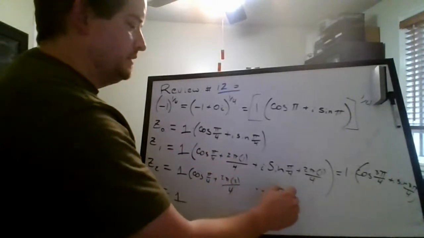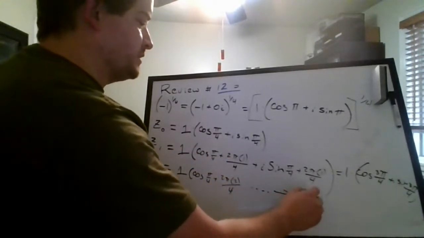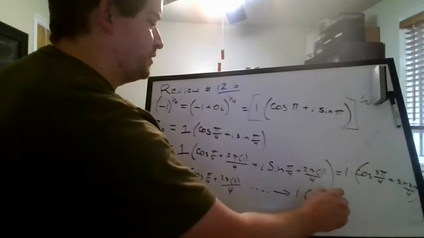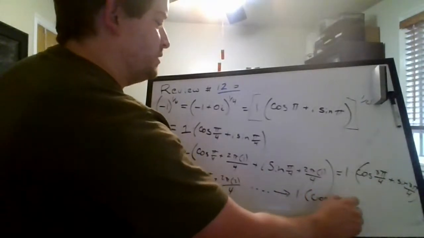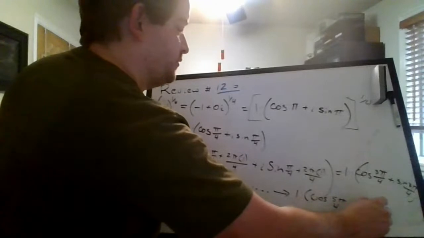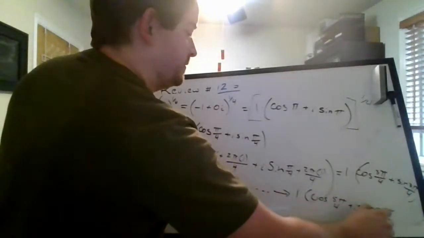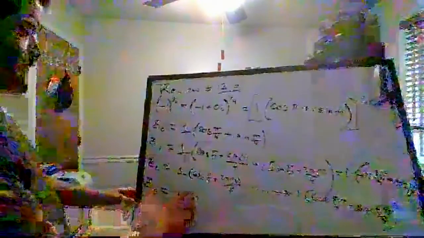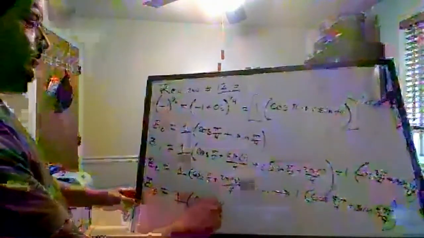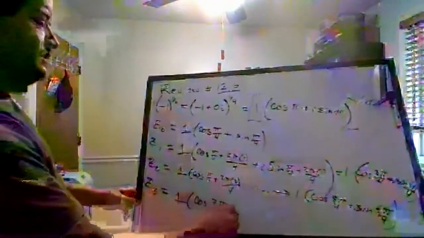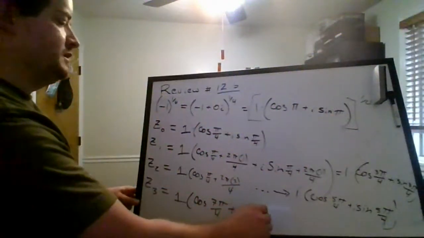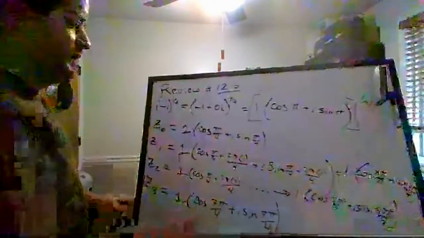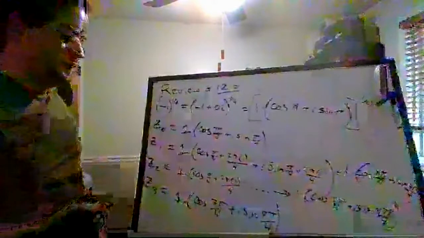This is going to give me 1 times the cosine of 5 pi fourths plus I sine of 5 pi fourths. And the next one's going to be similarly 1 times the cosine of 7 pi fourths plus I sine of 7 pi fourths. And there's our 4 solutions.